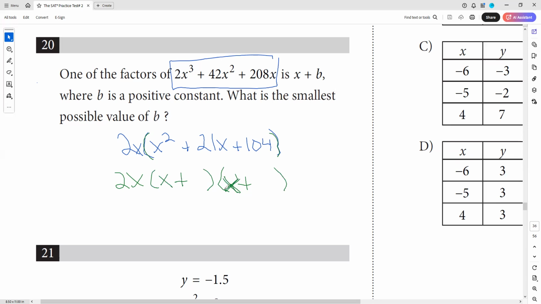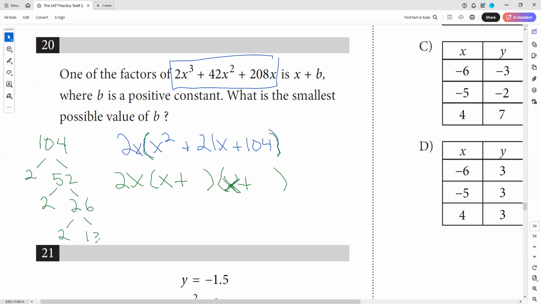So let's factor 104. Let's do prime factoring. Divide by 2 and you get 52. Divide by 2 and you get 52 divided by 2 is 26. 26 can be divided by 2 again, so it's 2 and 13.